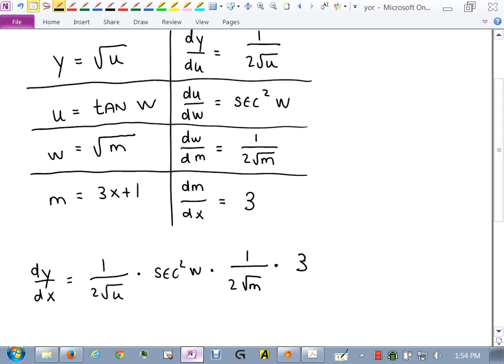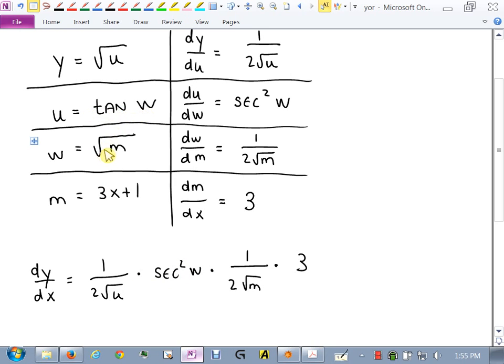Now backfill everything, right? What was m? Well, m was 3x plus 1, so that gets replaced with 3x plus 1. What was w? Square root of m, but what was m? 3x plus 1, so it's square root of 3x plus 1 goes right here. What was u? Tangent w, but what was w?